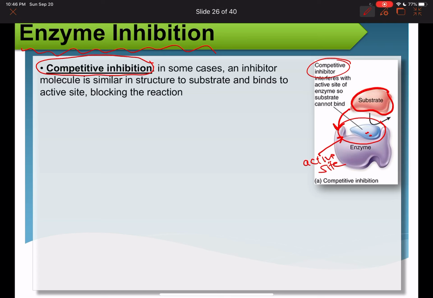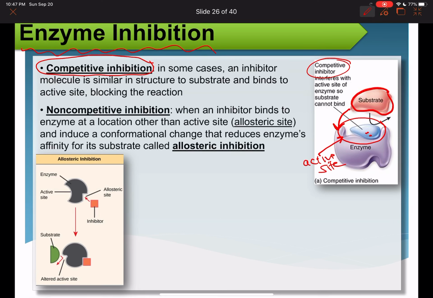Except now, the inhibitor that binds is not the substrate, so it will block the normal substrate from binding at the active site. So here's a substrate coming in thinking that it can bind, but oh, there's a blue guy there inhibiting it, so it can't bind and bounces right off without catalyzing any reaction. So this inhibits the enzyme from doing its job.